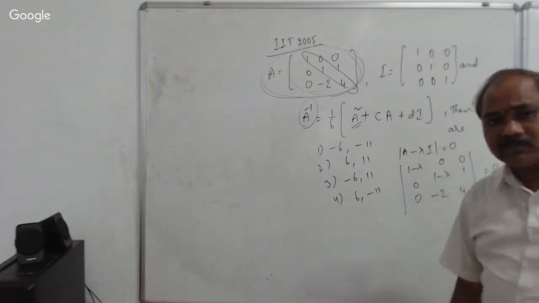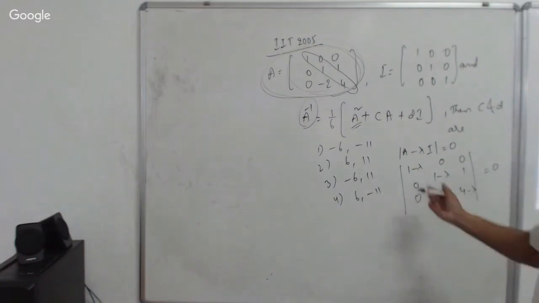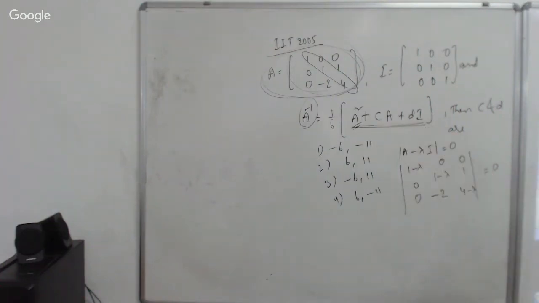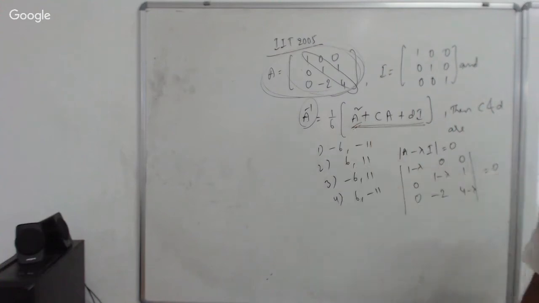Any confusion? Yes. Now just by expanding this, you will get the equation in matrix form. Then multiplying with A inverse, directly you will get the answer. Very simple method. Of course, not so simple.